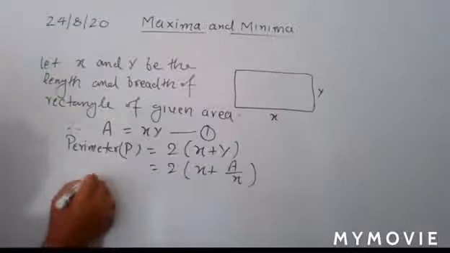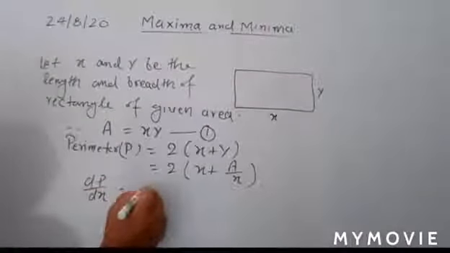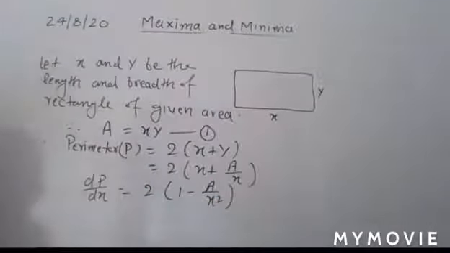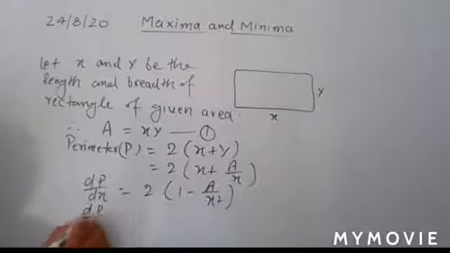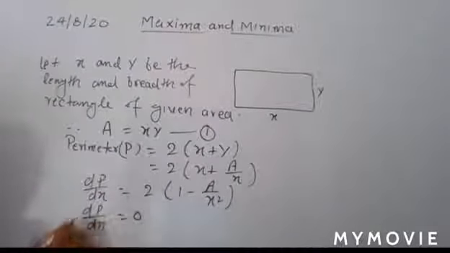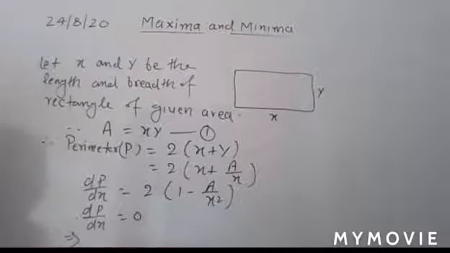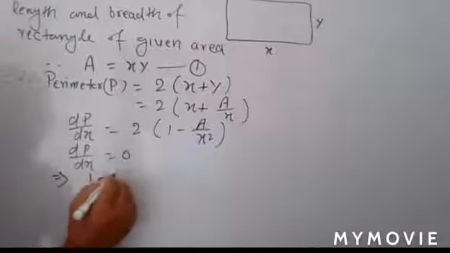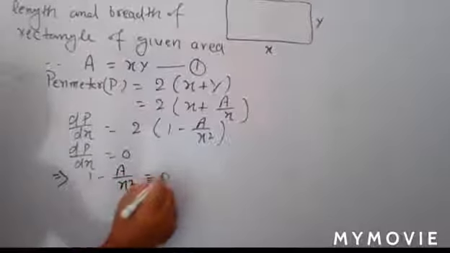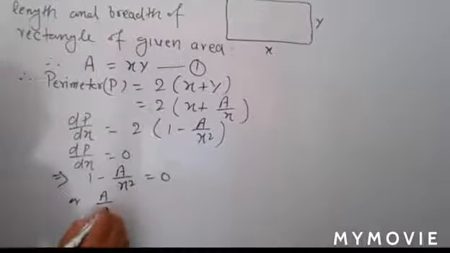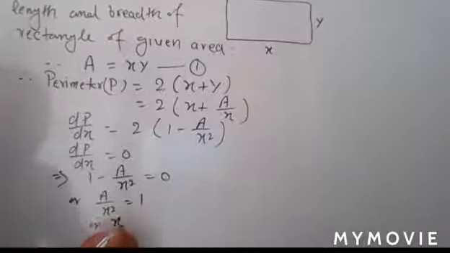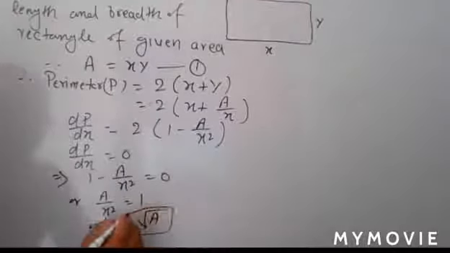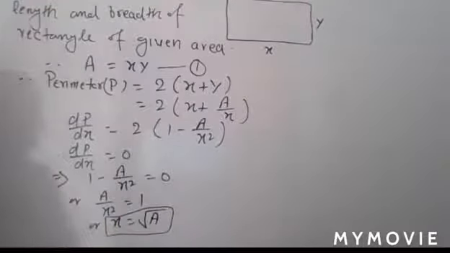So you take its derivative, dp by dx, so 2 into 1 minus a by x square. Differentiate it. Now dp by dx is equal to 0 implies 1 minus a by x square is equal to 0, or a by x square is equal to 1, or the value of x is equal to under root a. Here the value of x is equal to root a. Any doubt?